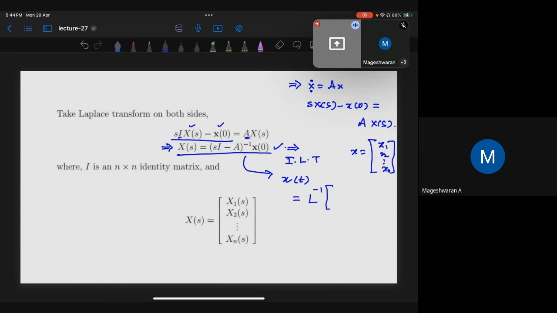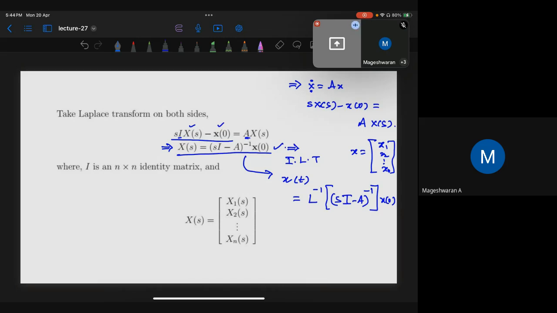So x of t is equivalent to the Laplace inverse of (sI minus A) whole inverse, multiplied by x of 0. Am I correct? Because x of 0 is a constant initial condition.